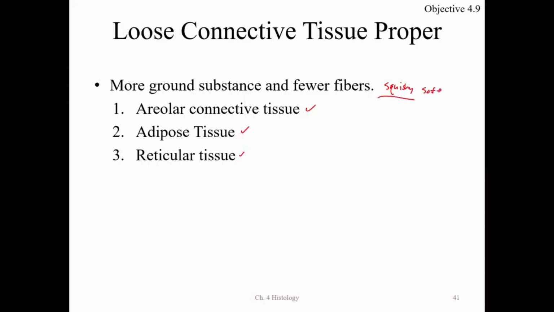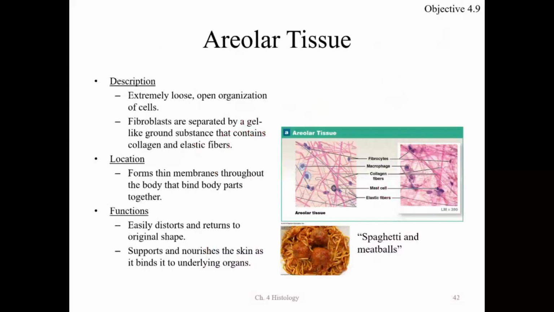These are squishy, soft stuff. Things that are found in our squishy things, okay? Areolar, as we can see, there will be fibers present, but not as many as, say, a dense regular, okay? When we look at it, the fibers go in all kinds of directions.